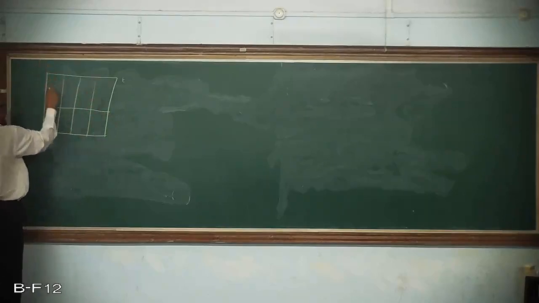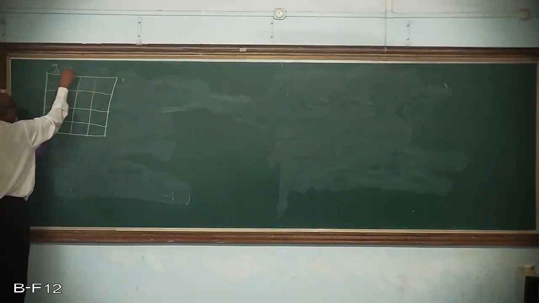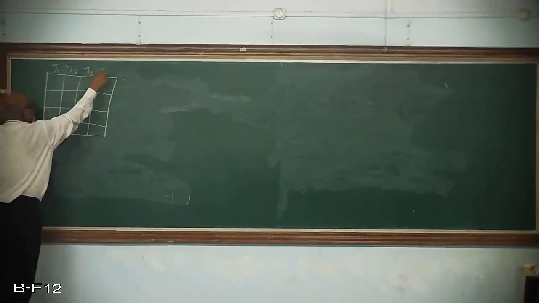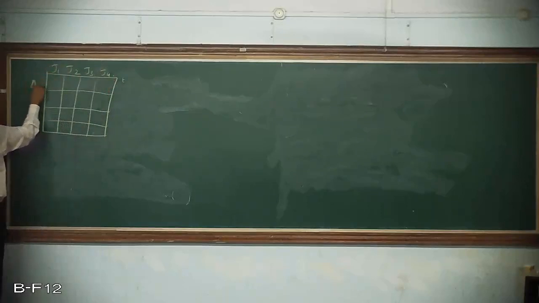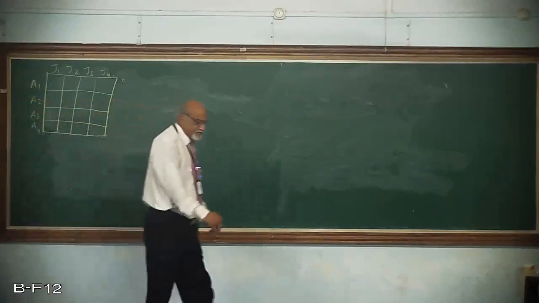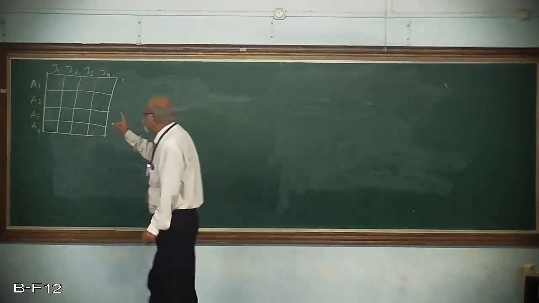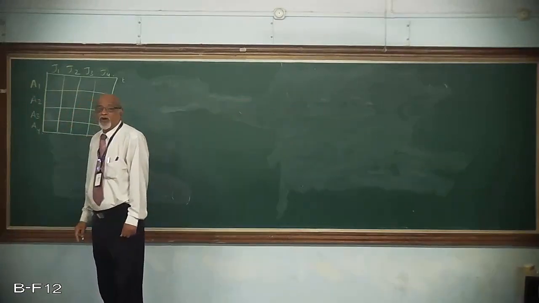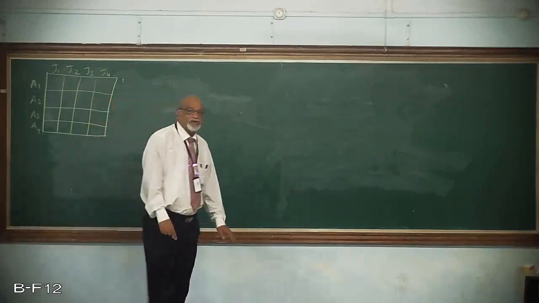That means jobs, let us say J1, J2, J3, J4 and people A1, A2, A3, A4. Now the other thing is that each job is to be assigned to only one person, or each person has to be assigned only one job.